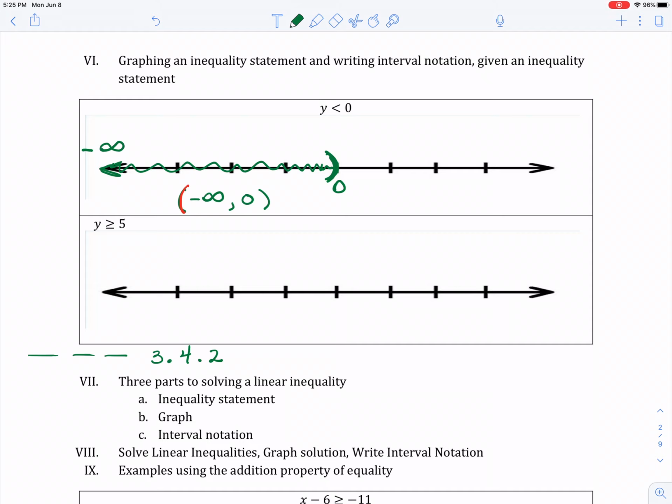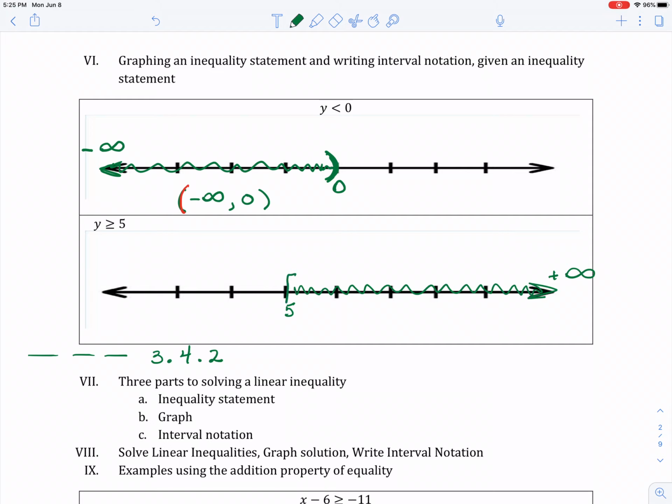And the last one, before I stop this first video, says y greater than or equal to 5. So I'll just say this is 5 here. The numbers that are greater than 5 are out here in this direction, and we'll be going all the way out here to positive infinity. And the question becomes, do I include the 5 or not?